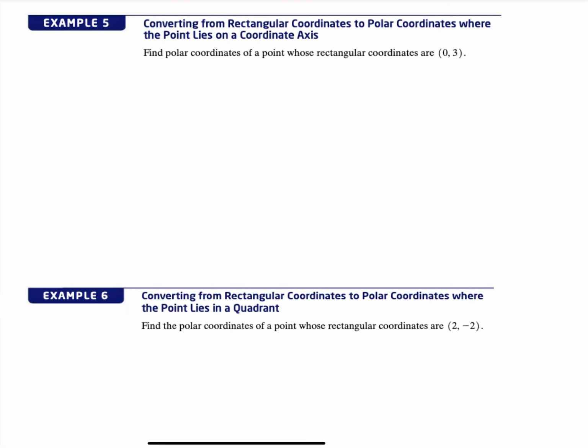All right, so we're given rectangular coordinates (0, 3). So 0 is our x, 3 is our y. So we can find r via our description earlier. We said that r squared equals x squared plus y squared.